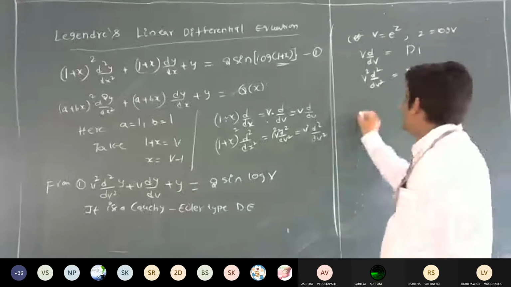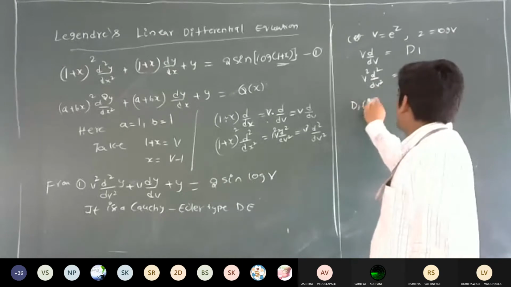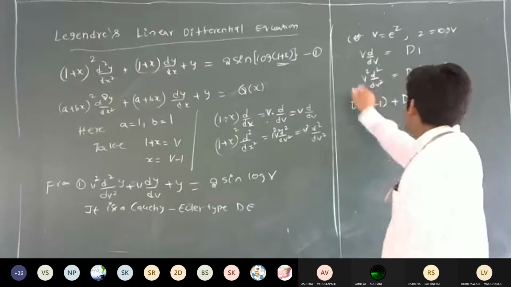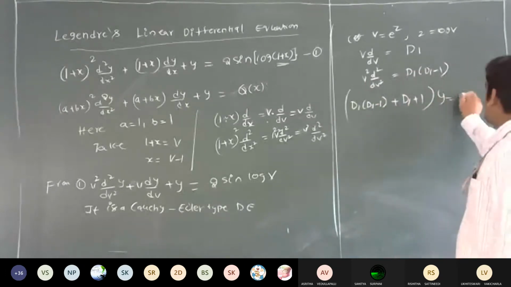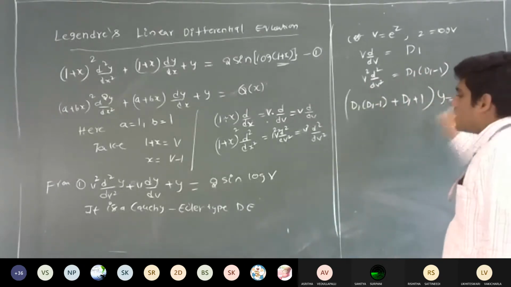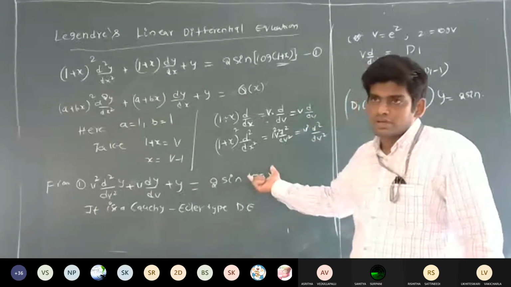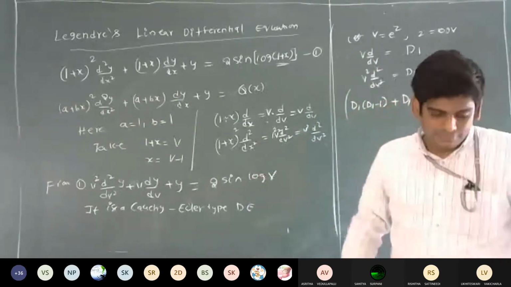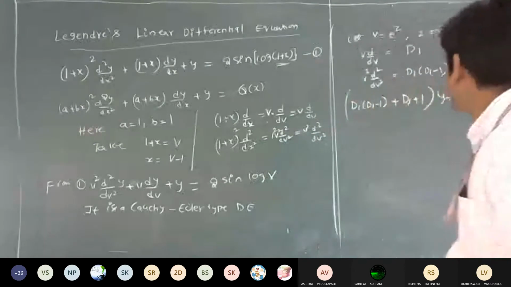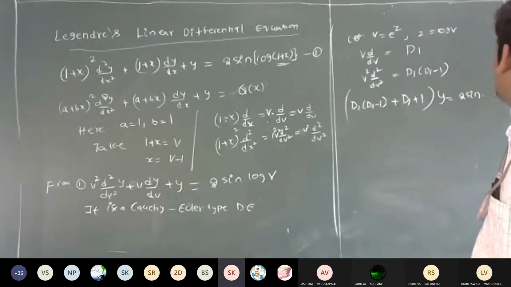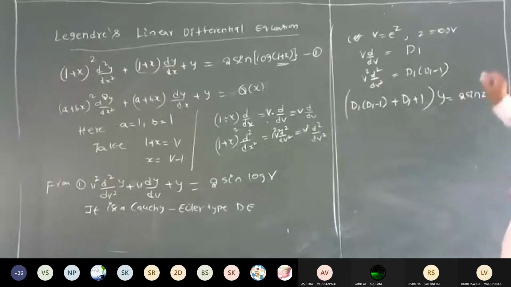Just substituting there, it becomes D1 into (D1 minus 1) plus D1 plus 1 into y, that is equal to 2 into sine of, what is log v? What is log v? Z. Log v is nothing but z.